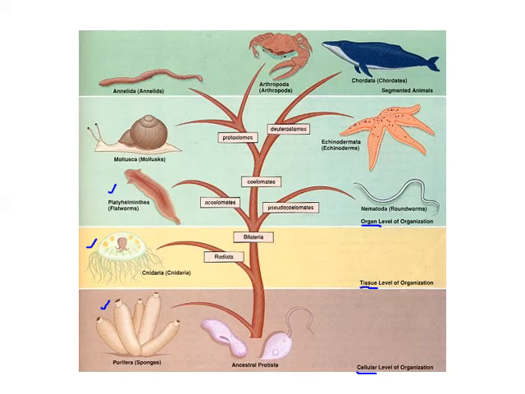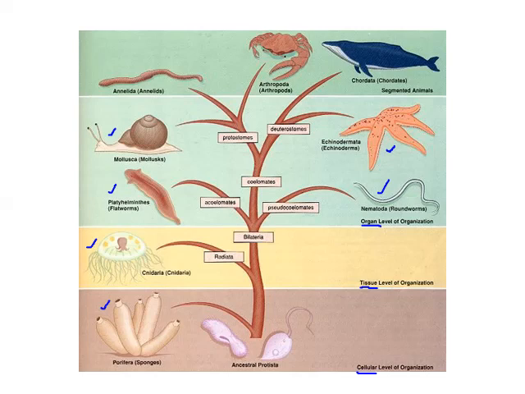We have also the nematoda, the roundworms, and we have the animals that have shells, which are in the group mollusca. An example is the snail. And finally, in this level of organization, we have the starfish, which is in the phylum Echinodermata.